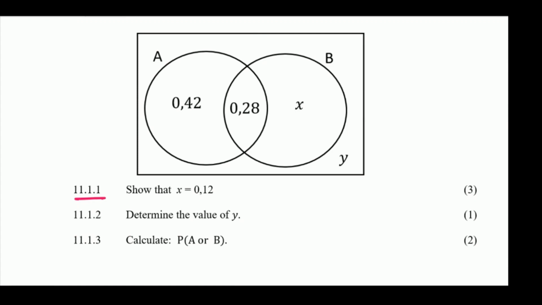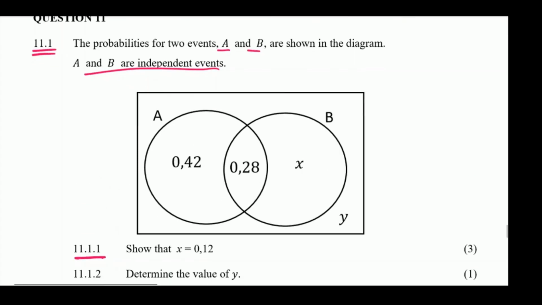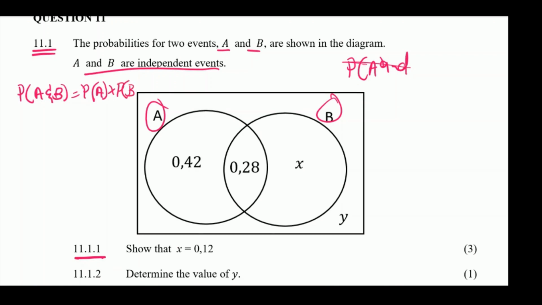So one thing that we were told is that events A and B are independent, meaning that we can use the independent formula, which is probability of A and B is equal to probability of A times probability of B, right?